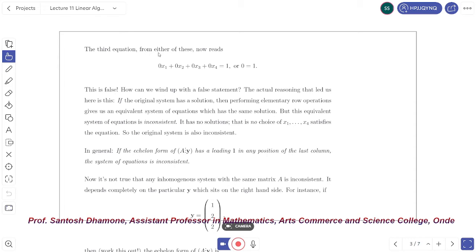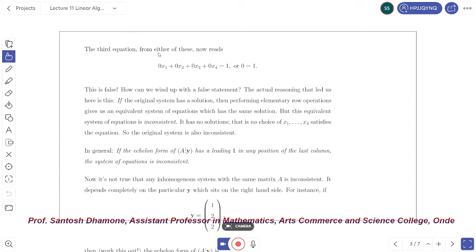If the echelon form of the augmented matrix AY has a leading one in any position of the last column, the system of equations is inconsistent.